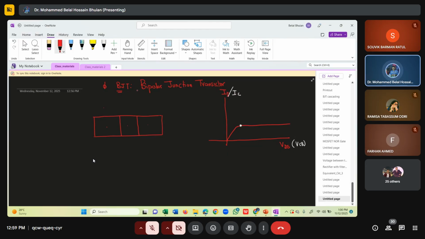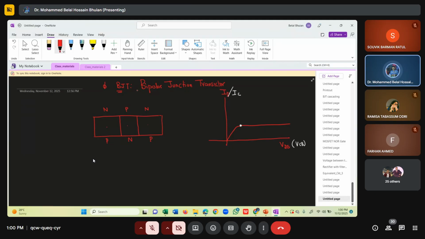That means if the first is N-type material, then the next is P-type material, and the next one is N-type material. That is one possible combination. What could be the other possible combination? It could be P-type, then N-type, and the other one P-type. When layers of alternating type materials are put together, it becomes a BJT. So there are two types of BJT available.